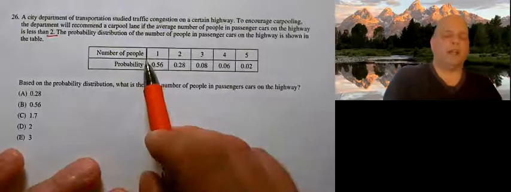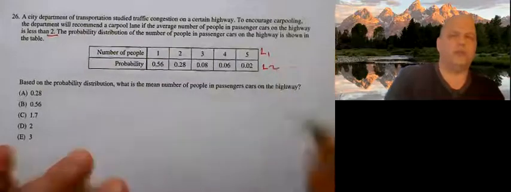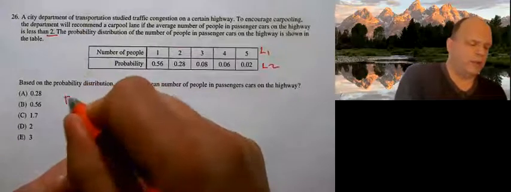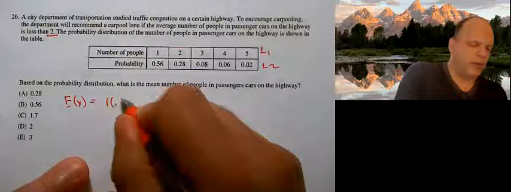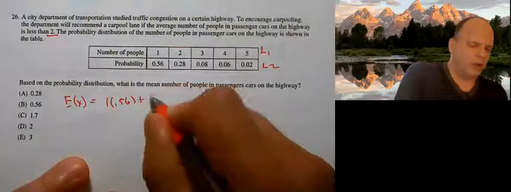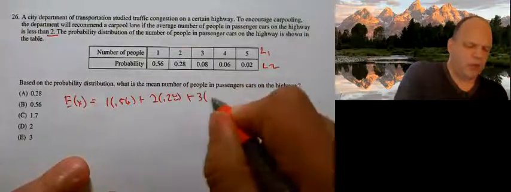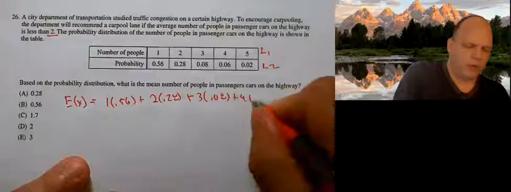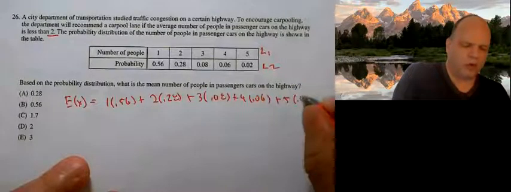Well, we're going to do this fairly easily in stat edit. We're going to put this in L1 and this in L2. But here's the way you would do it on an FRQ test. The expected value equals 1 times 0.56 plus 2 times 0.28 plus 3 times 0.08 plus 4 times 0.06 plus 5 times 0.02.